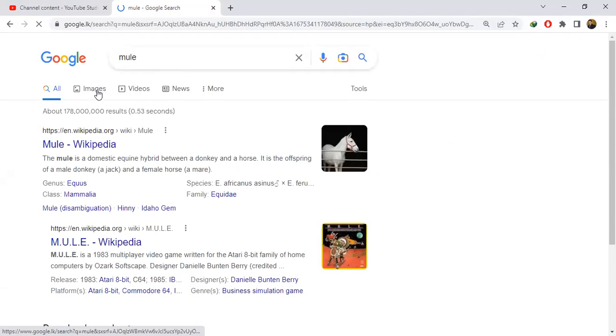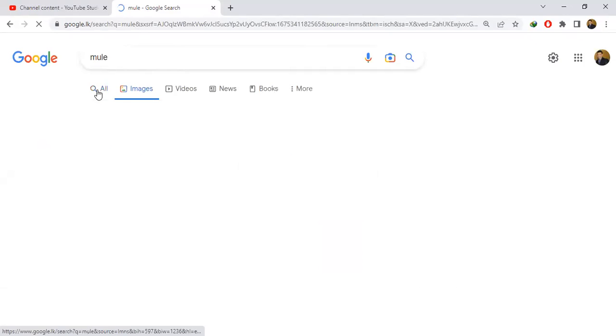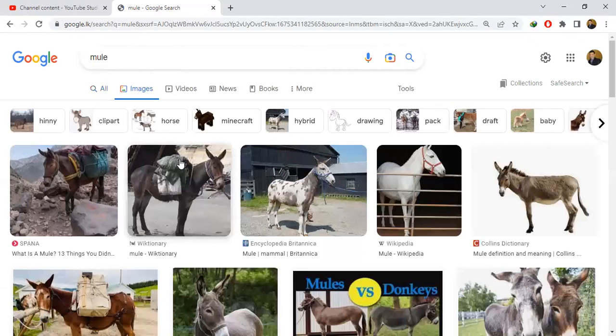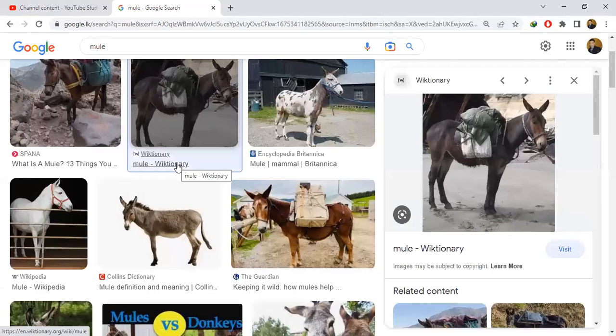Mule is an animal born to a donkey father and a horse mother. Father is a donkey, mother is a horse.